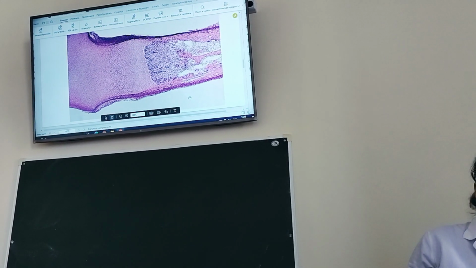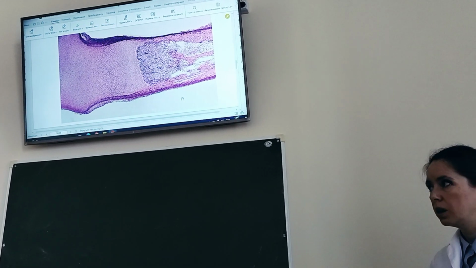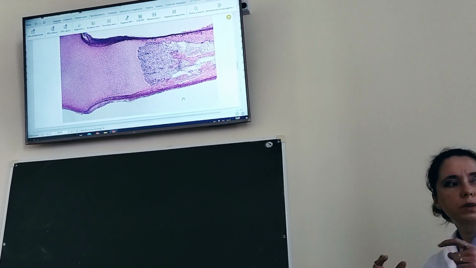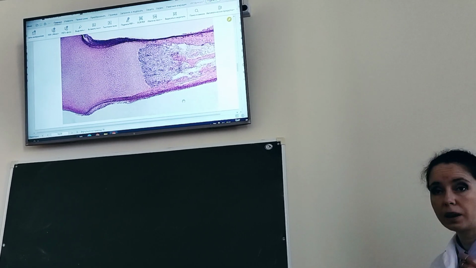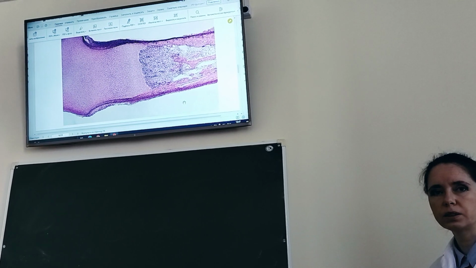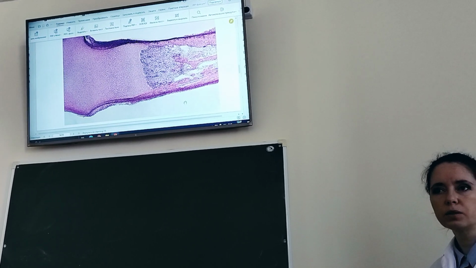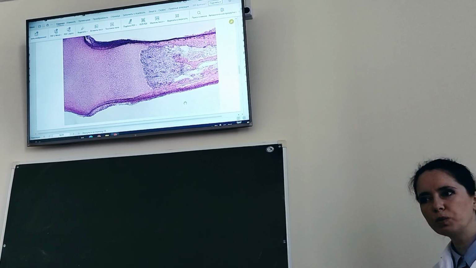Let's watch another case. Now this is indirect ossification, on the example of long tubular bone. What is the possible explanation? Why can I recognize this as indirect? What does indirect mean? By replacement of a pre-existing cartilage model.